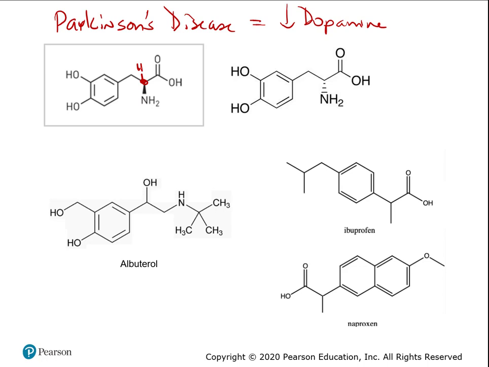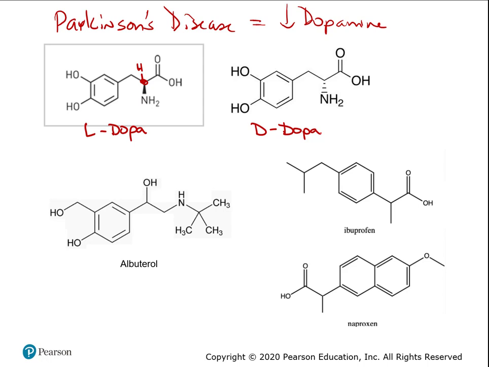So the one form, they called this L-dopa, and I always think of L and D as left hand and right hand, but it's from Greek, so it's levo and, oh Lord, what is D? Dextro, I think. But the other one, I always think about them as left and right.